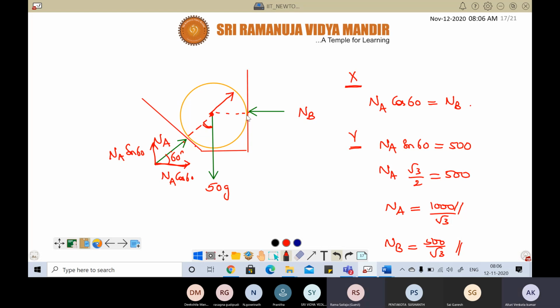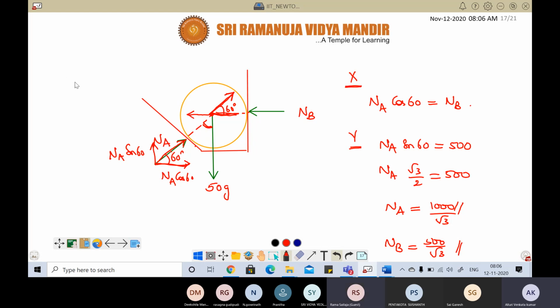Which one, NA or NB, are you speaking of? NA. NA will be like this, no? If you shift it, it will come like this at the center. Then also with the horizontal, it will make 60 degrees only. NB will be this side if you shift this one.